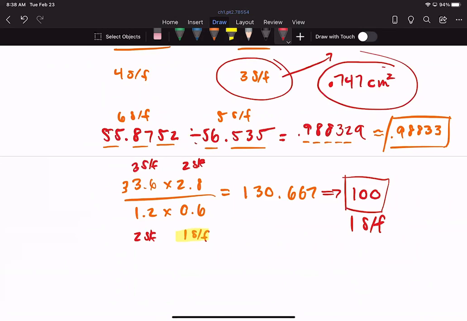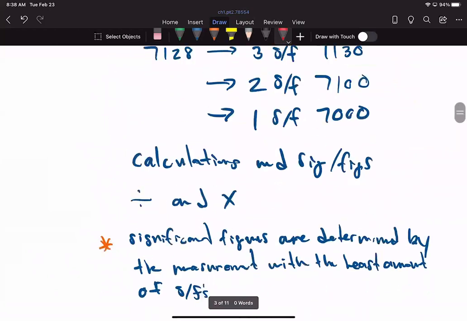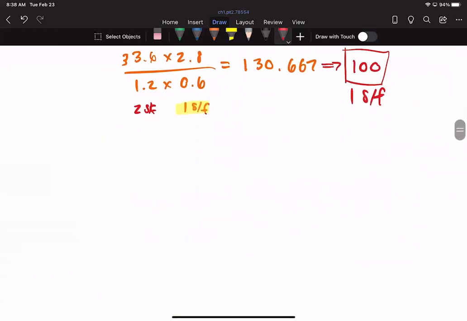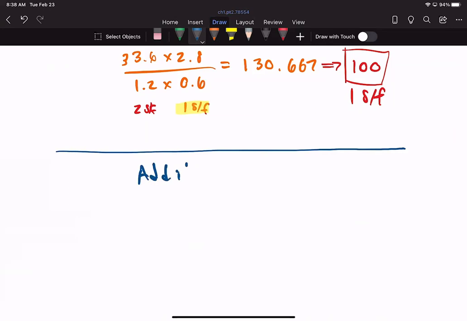For addition and subtraction it is different, and we have different rules for that. And we can't mix up those rules, right? So now we're doing addition and subtraction.